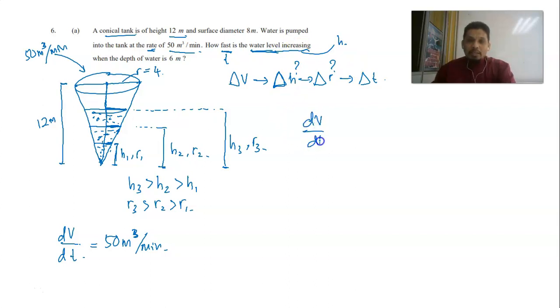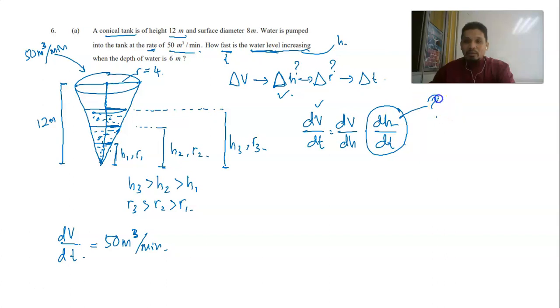So then dV/dt equals dV/dh times dh/dt. We agreed just now it is a change of the height. dV/dt is already given in the question. How fast is the water level increasing? Height with respect to time, dh/dt. This is the one that we are going to find out as our final answer.